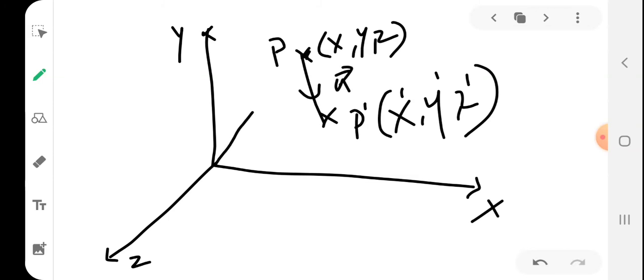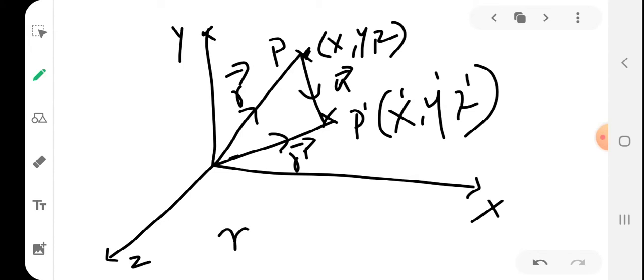Initially the position vector was r vector. Now the position vector gets displaced to some r dash vector. So students, r dash vector is equal to r vector plus u vector.